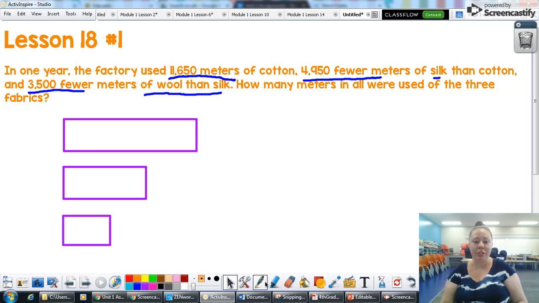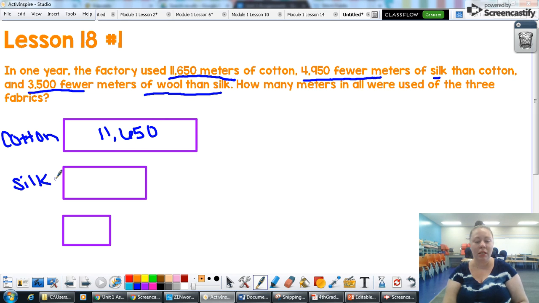Okay, so this first one we said was the cotton. And it tells us they used 11,650 meters, so I'm going to label it. Okay, the next one is silk. And it tells us that they used 4,950 fewer meters of silk.